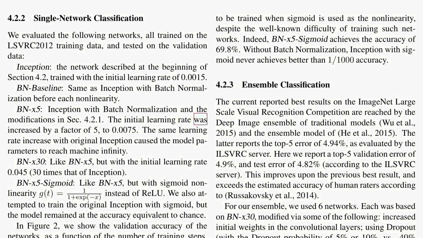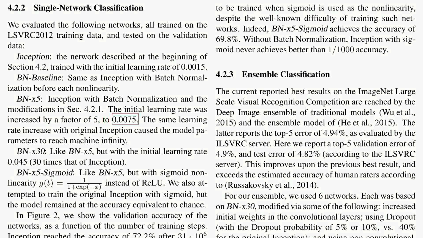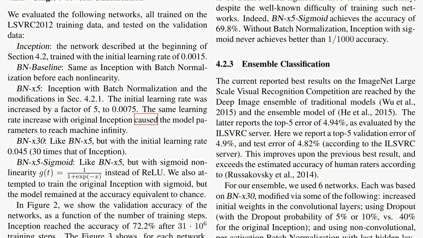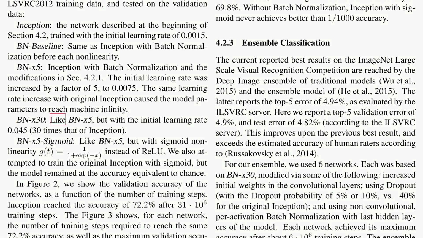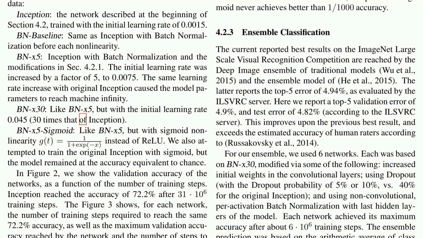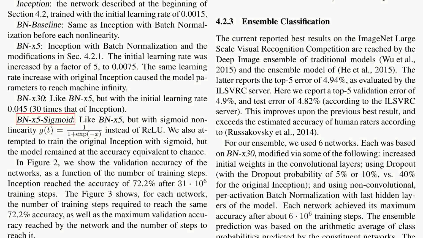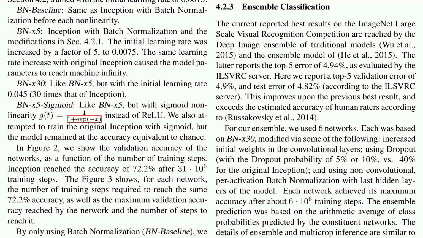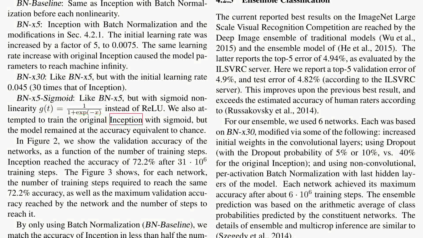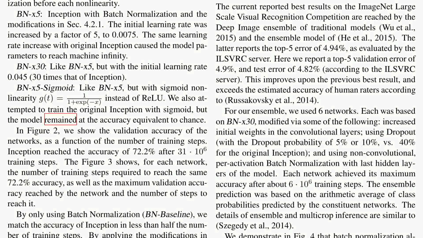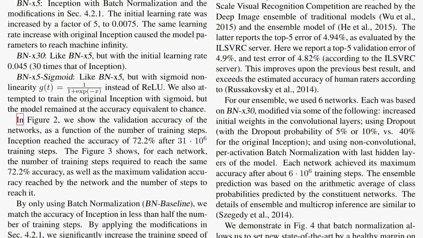The initial learning rate was increased by a factor of 5, to 0.0075. The same learning rate increase with original Inception caused the model parameters to reach machine infinity. BN-x30: like BN-x5, but with the initial learning rate 0.045, 30 times that of Inception. BN-x5-Sigmoid: like BN-x5, but with sigmoid nonlinearity g(t) = 1/(1+exp(-x)) instead of ReLU. We also attempted to train the original Inception with sigmoid, but the model remained at the accuracy equivalent to chance.